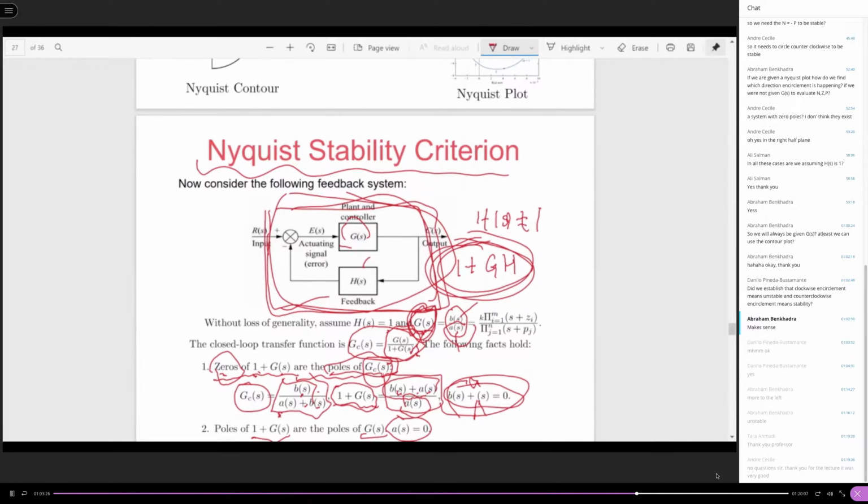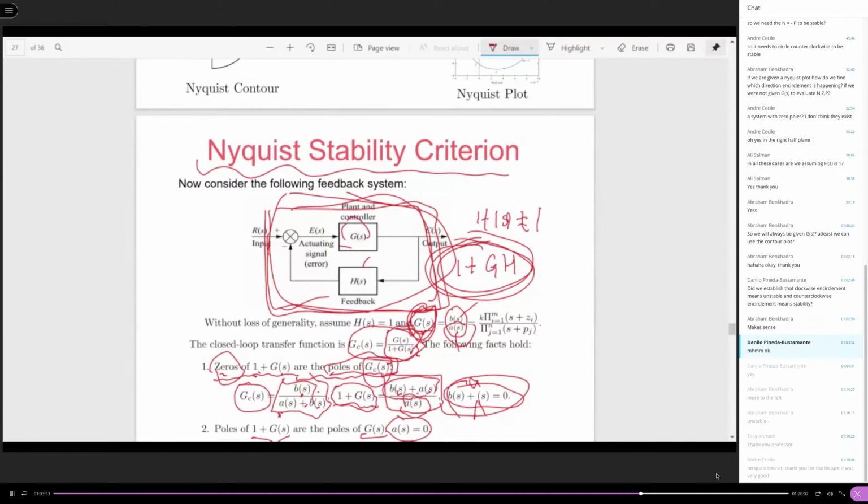Counterclockwise encirclement is a necessary condition, but it's not a sufficient condition, because you need to match that N equal to minus P. If that condition is not matched, then even if you see the counterclockwise encirclement, the system could still be not stable. You got my point, Danilo?